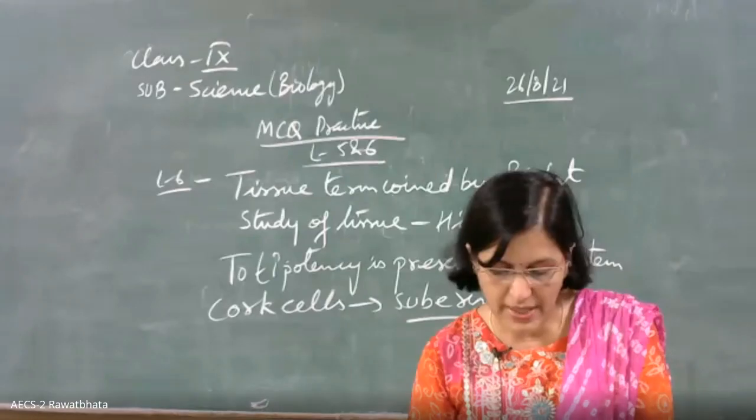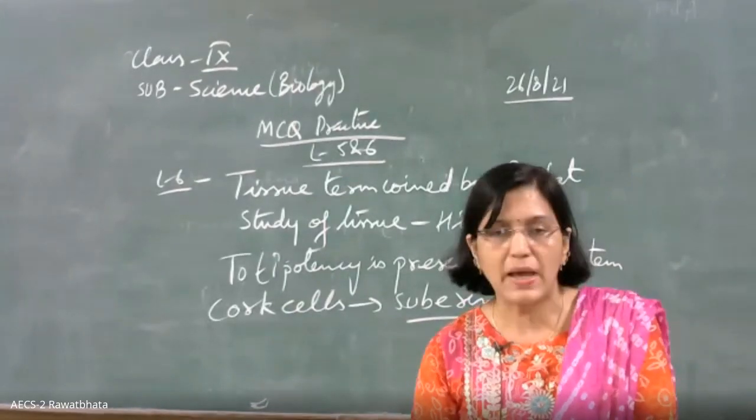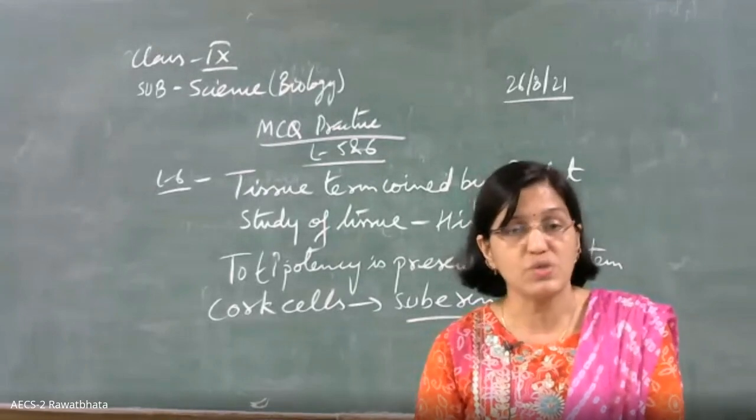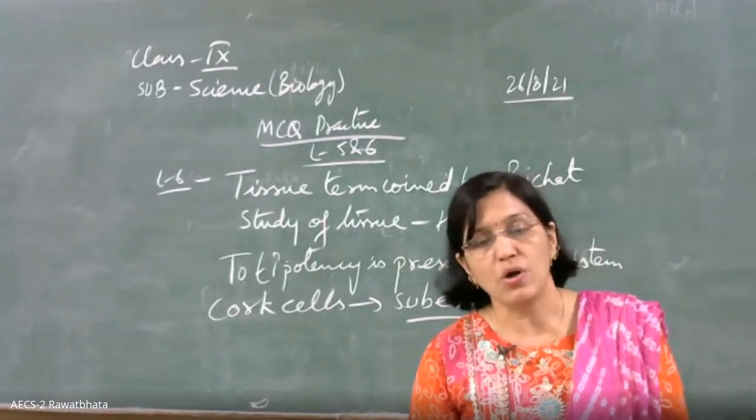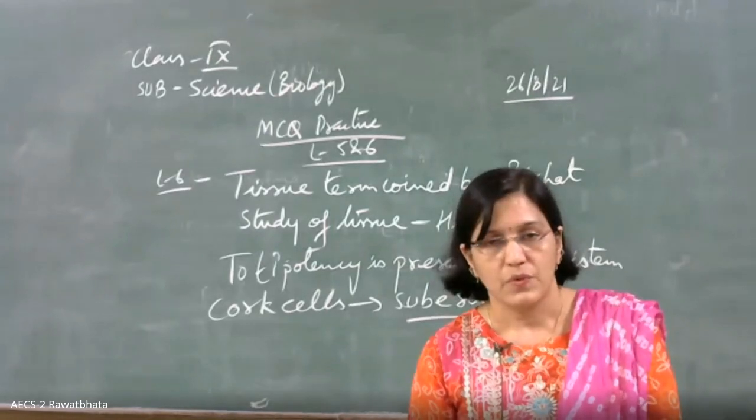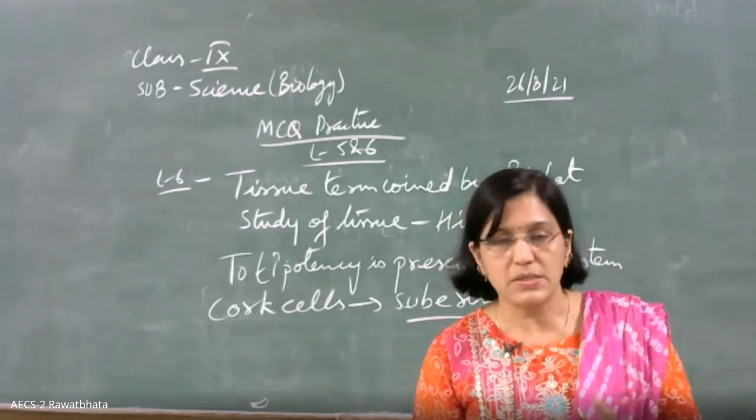Ma'am, please repeat the options. Ma'am, between B and C. Between B and C, it's actually A, retaining cytoplasm at maturity, because we know cytoplasm means the cell will be living and mature sclerenchyma cells are dead. So I am repeating the answer again, Aditya.